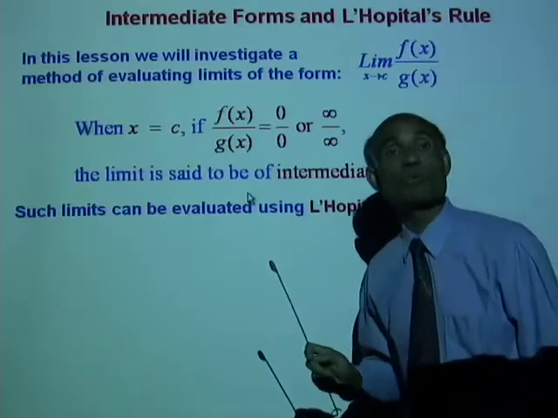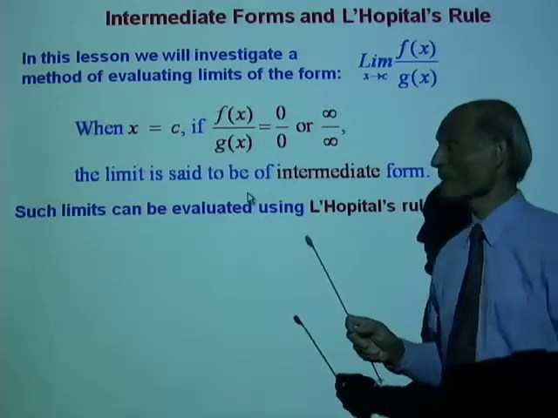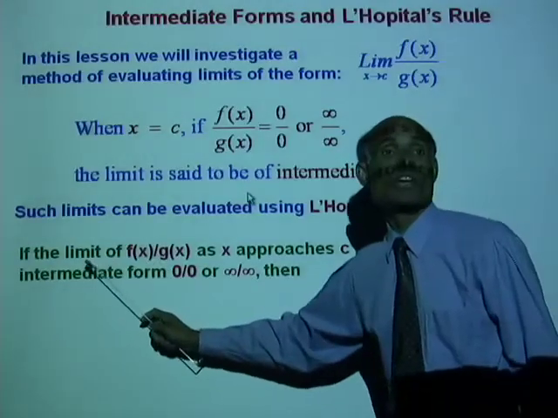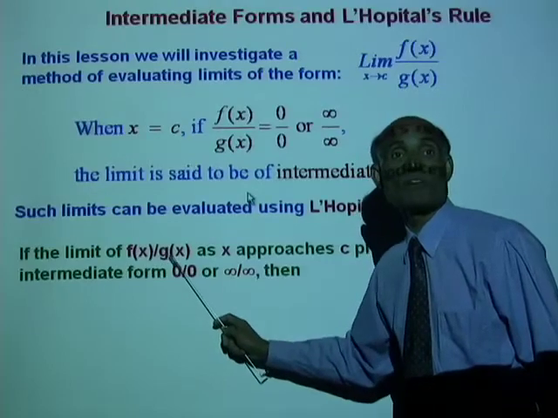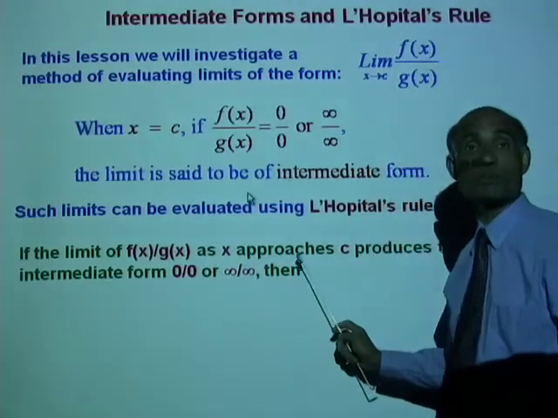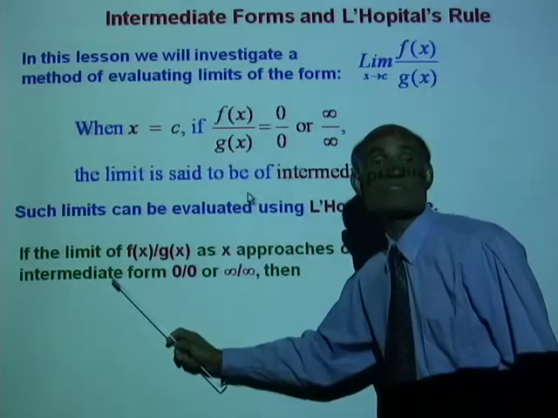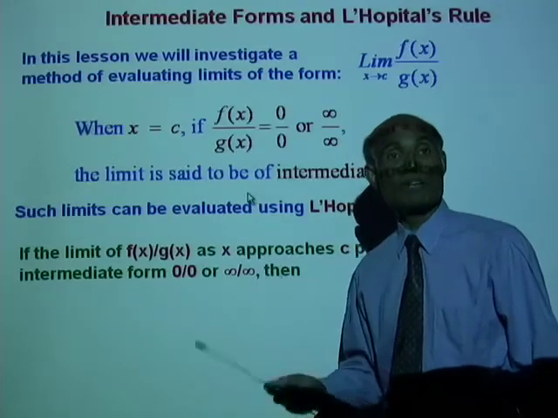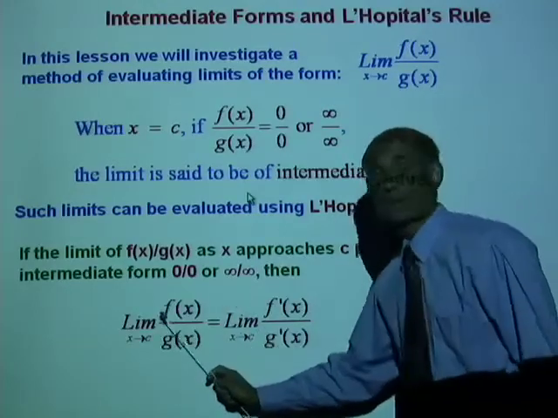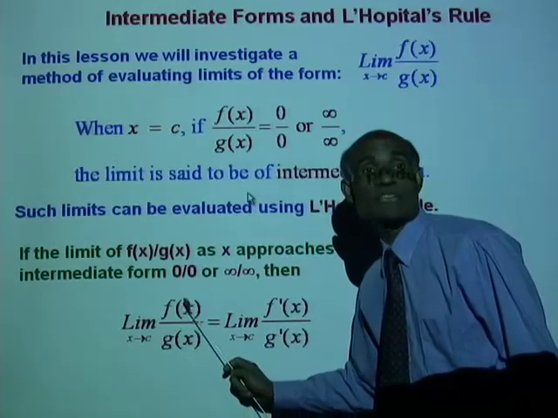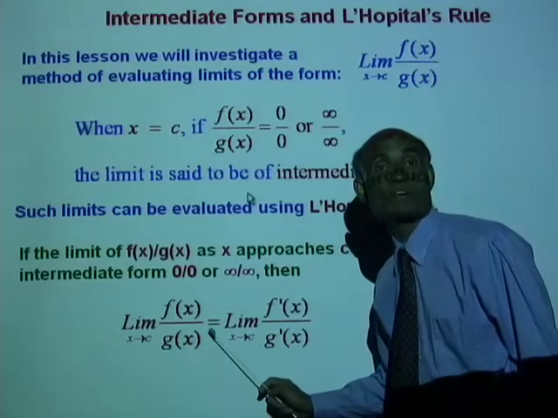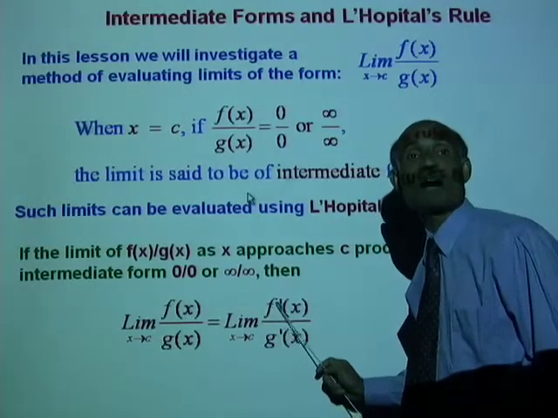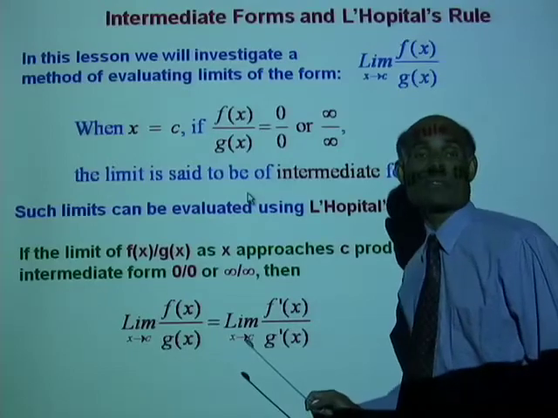L'Hopital developed a rule for doing these kinds of limits, and it is called L'Hopital's rule. So the rule says, if the limit of f of x divided by g of x as x approaches c produces an indeterminate form 0 over 0 or infinity over infinity, then the limit as x approaches c of f of x divided by g of x is the same as the limit as x approaches c of f prime x over g prime x.